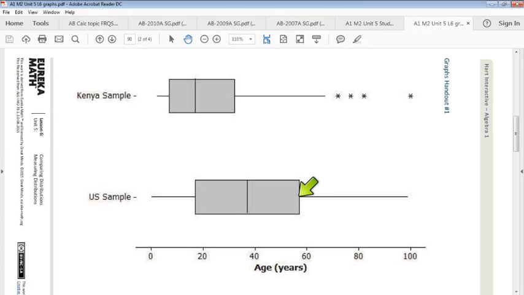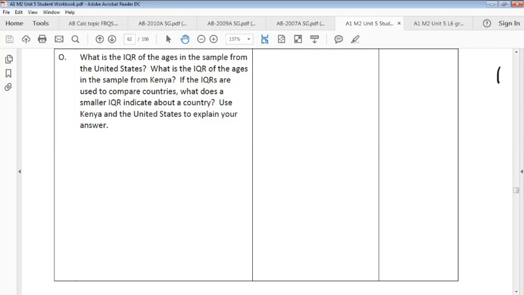So we're going to find this one right here, which is approximately 58, and this one right here, which is approximately 18. So 58 minus 18 gives us 40. This is the IQR for the US.